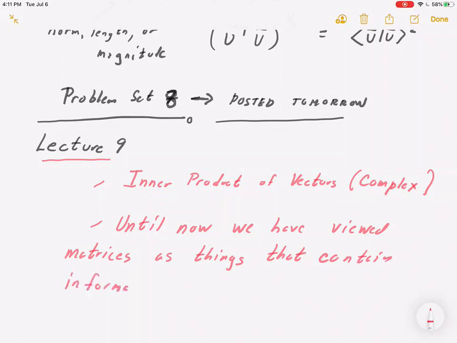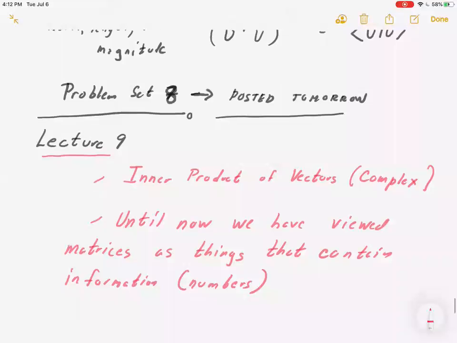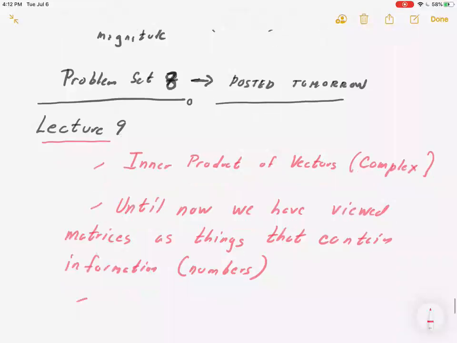In this case, the information is written in terms of numbers. Those numbers could be real, as you'll see next lecture. They could be complex. If all matrices did was store numbers or store information, then linear algebra would not be all that powerful.